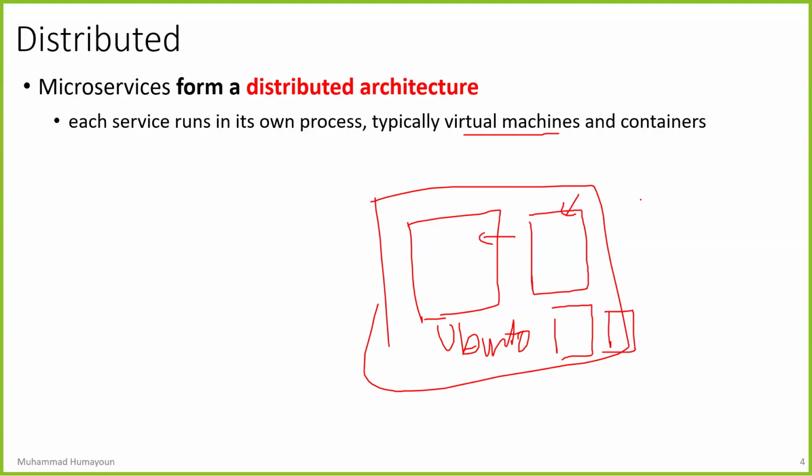So the problem with this kind of setup is that virtual machines take much more resources. One container or one service can run here, another one can run here, and another one here. Why do I need to separate them? Because maybe this one is using Python 2.7, this one is using Python 3.8, and this one may be running another environment.